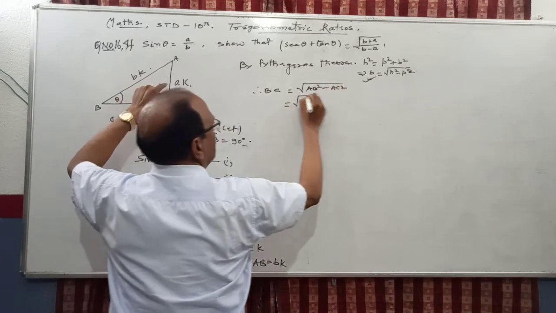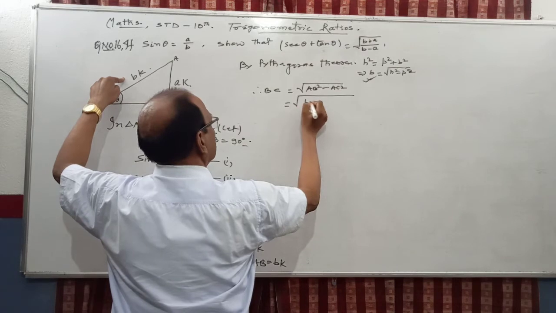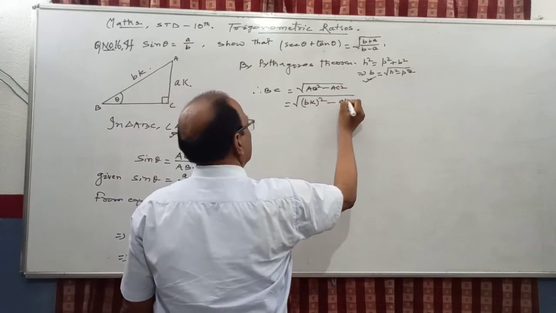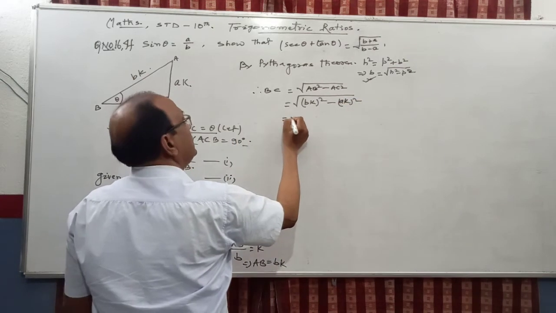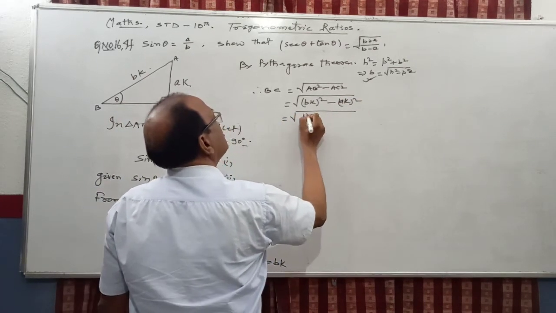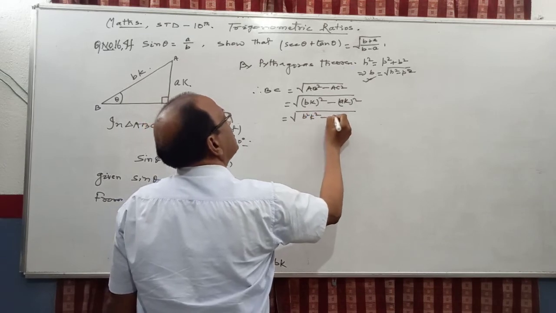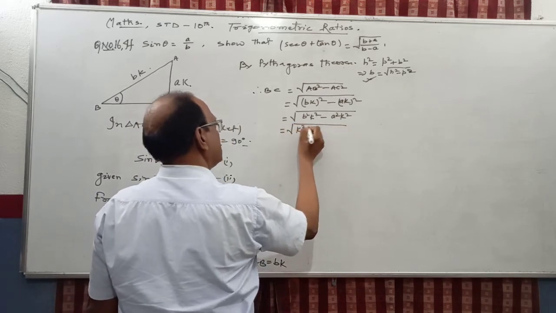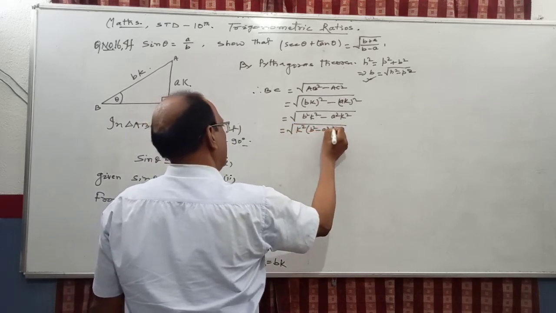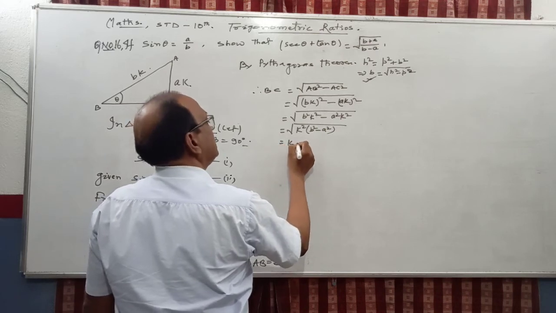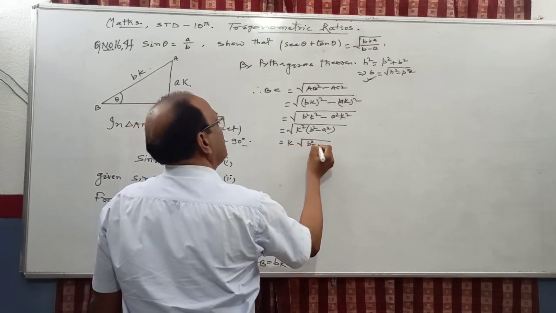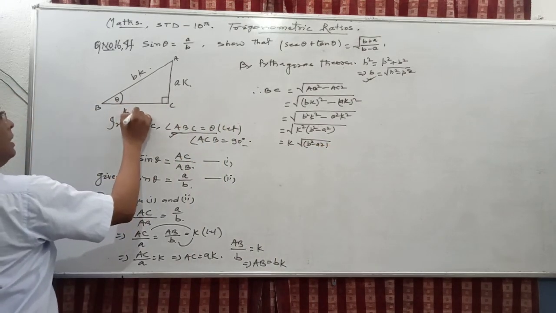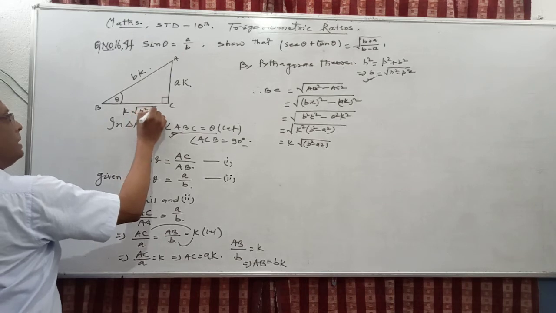AB is BK, so BK to the whole square minus AC, that is AK, to the whole square. It gives us B square K square minus A square K square. We take K square common, it is B square minus A square. So K is under root B square minus A square. So we write here K under root B square minus A square.